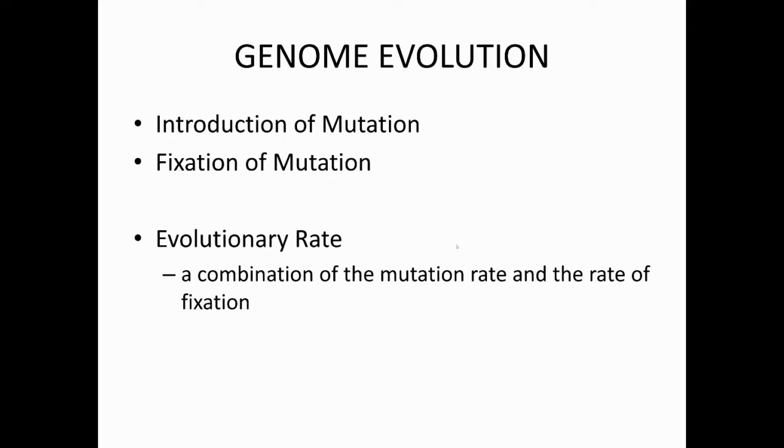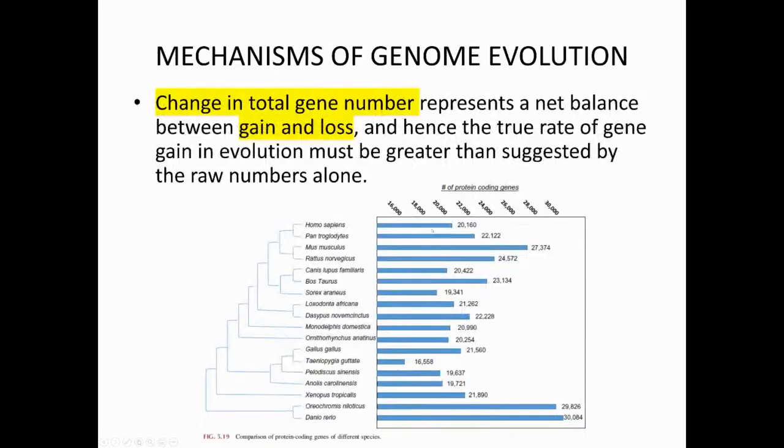The first step for genome evolution is to introduce the mutation. The next step is the process of fixing this mutation over many generations. The evolutionary rate is the combination of the mutation rate and the fixation rate.